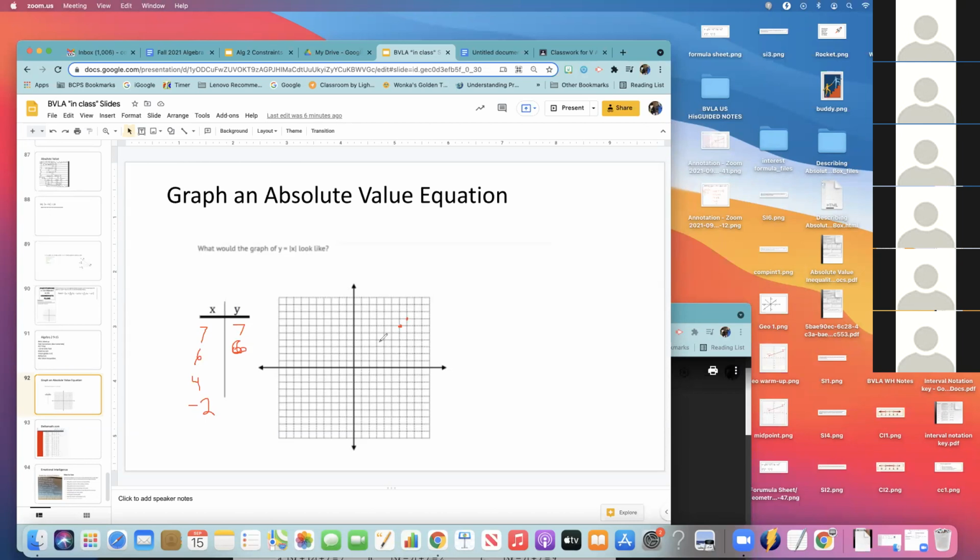And then 4 would be 4, right? And then same thing, the absolute value of 1 is 1. And the absolute value of 0 is 0. And then the absolute value of -2 would be equal to +2. And then that's right here, -2, +2. And then like if you have like -4, the absolute value is +4.